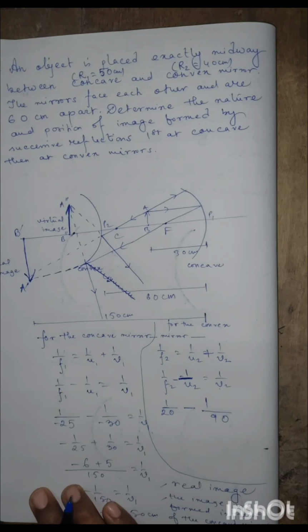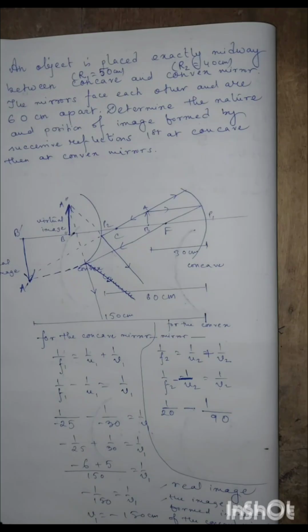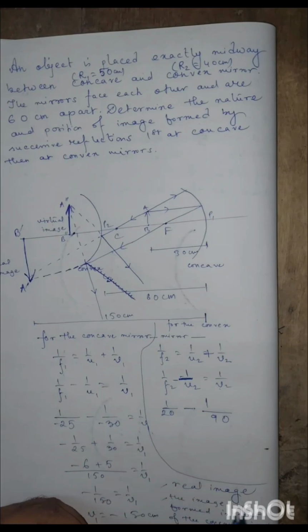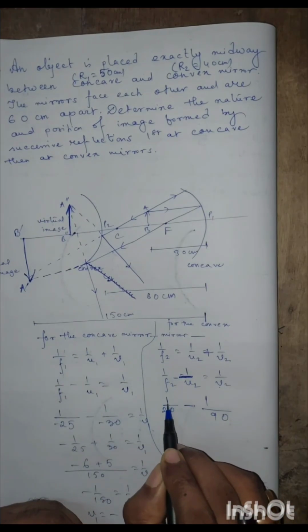For a convex mirror, object distance, so this is 1 by 20 minus 1 by 90.